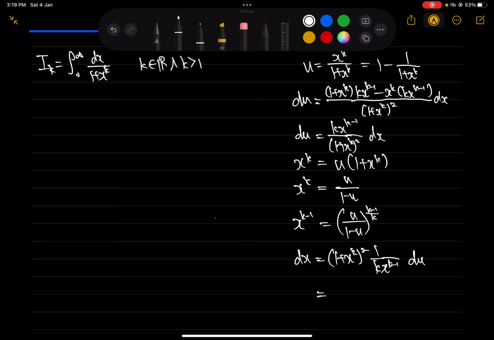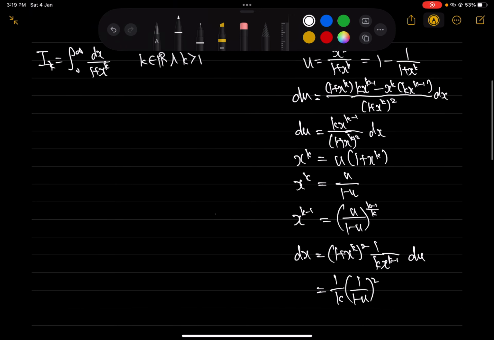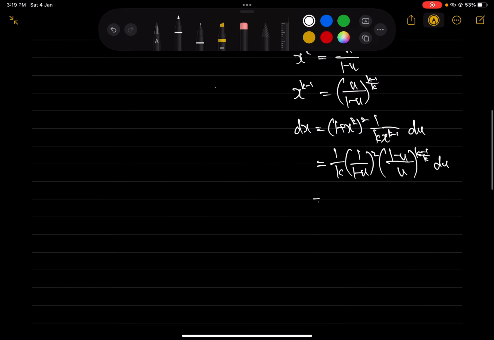So we have 1 over k, 1 over (1 minus u) squared, and then (1 minus u) over u to the power of (k-1)/k du.